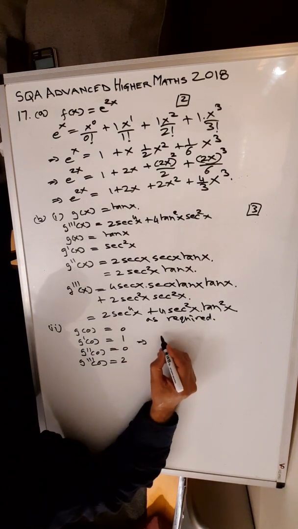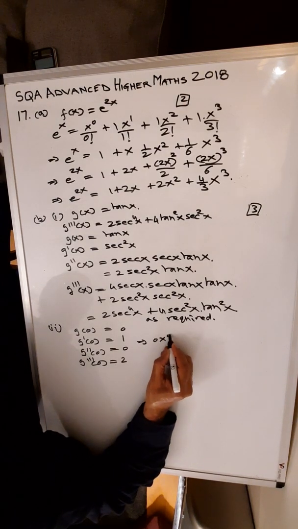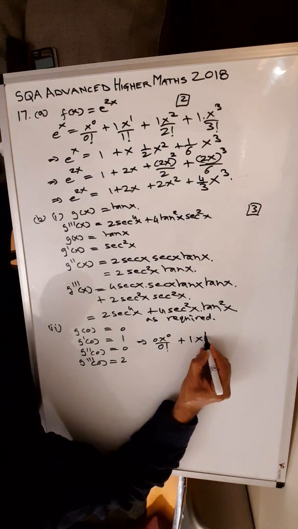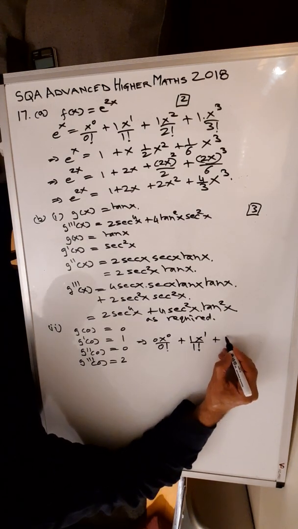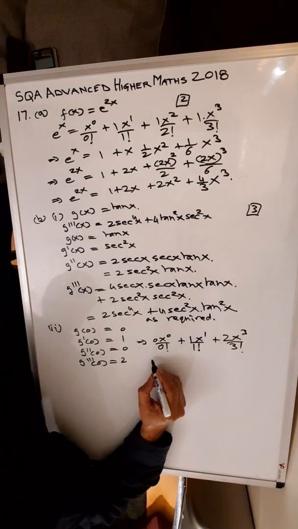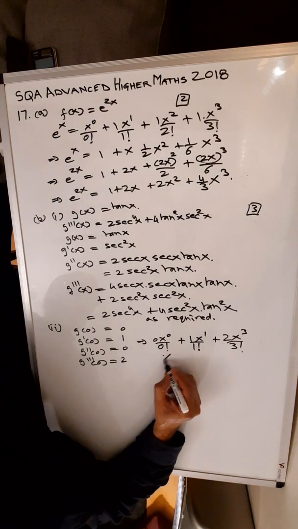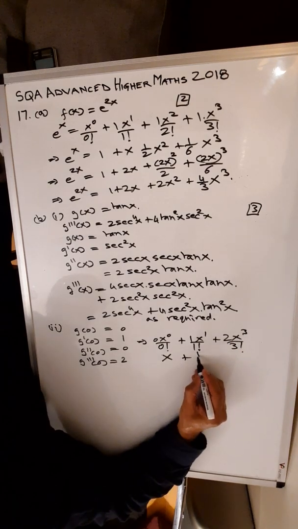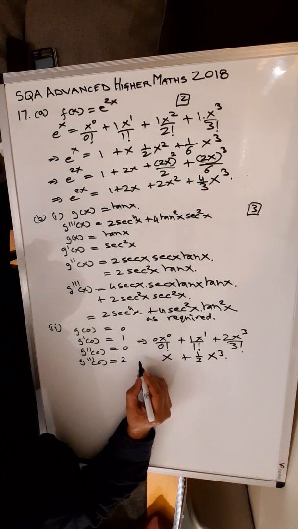That implies what you've got there is 0 x to the 0 over 0 factorial plus 1 x to the 1 over 1 factorial plus 2x cubed over 3 factorial, which means this is just x, and the 2 divides out with that 2 plus 1/3 x cubed. So this is what g of x is.